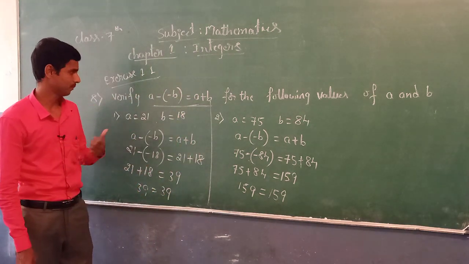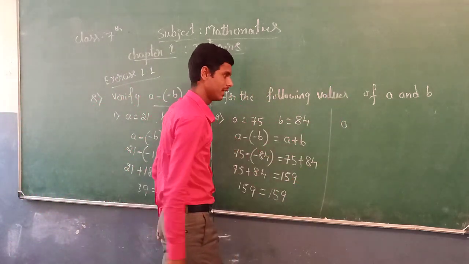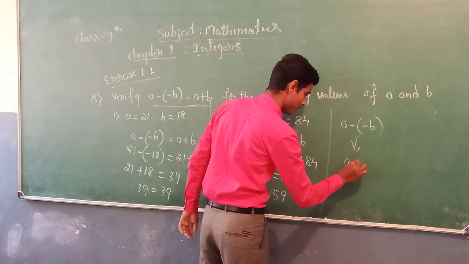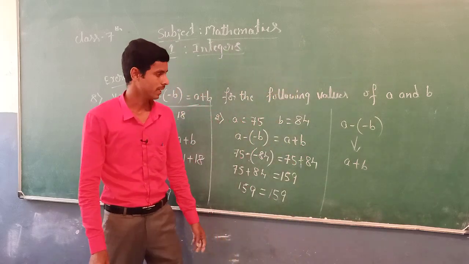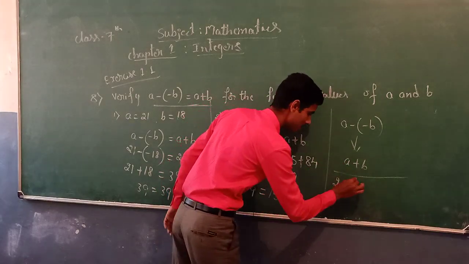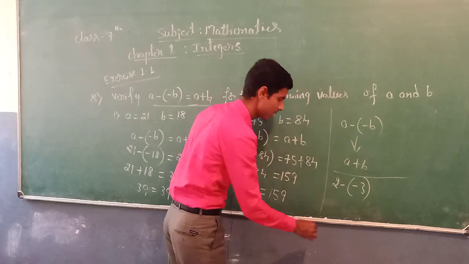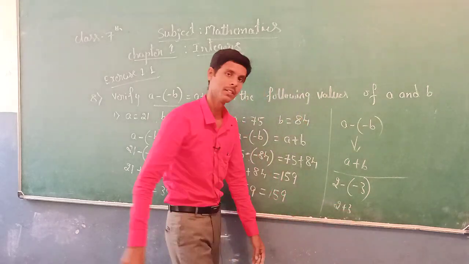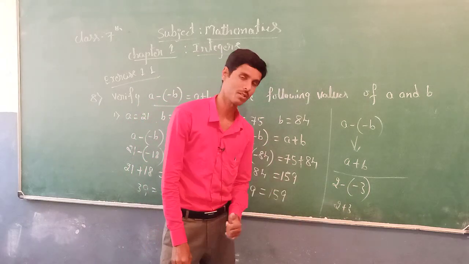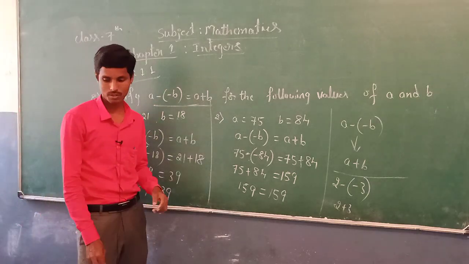From this we can conclude that in place of A minus of minus B, we can write this as A plus B. For example, 2 minus of minus 3 is same as 2 plus 3. When we remove that bracket, this minus of minus will become plus. Do you understand? So this is how we have to verify this statement.